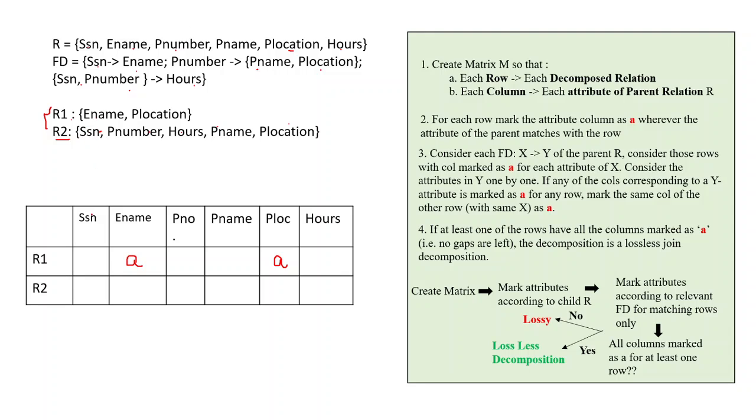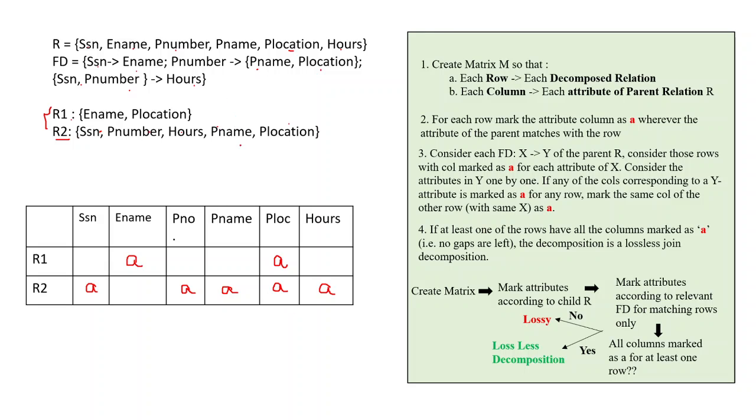So R2 contains SSN, so mark this SSN column as A. P number, mark this as A. Hours, this is also marked as A. P name, mark P name as A and P location as A.